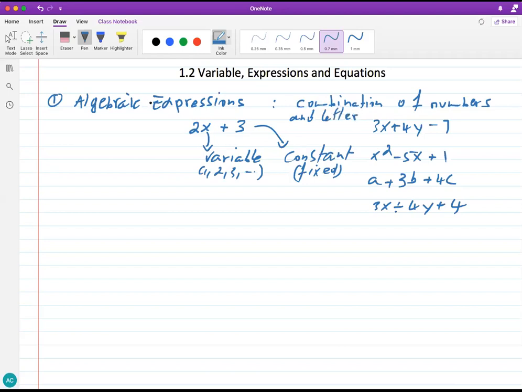Okay, so that's the quick definition of an algebraic expression, just a combination of numbers and letters. These we can also call variables and constants. That means the same thing.